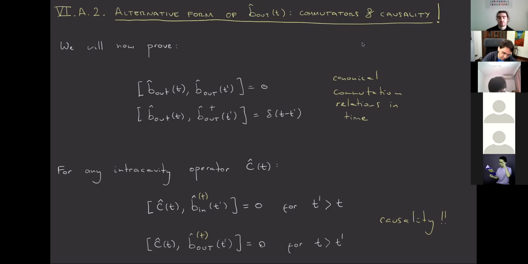So for this, first I need you to remember the Heisenberg equations of motion for the full system and environment, which, if you remember, is just exactly this. So this is the free evolution of the cavity.